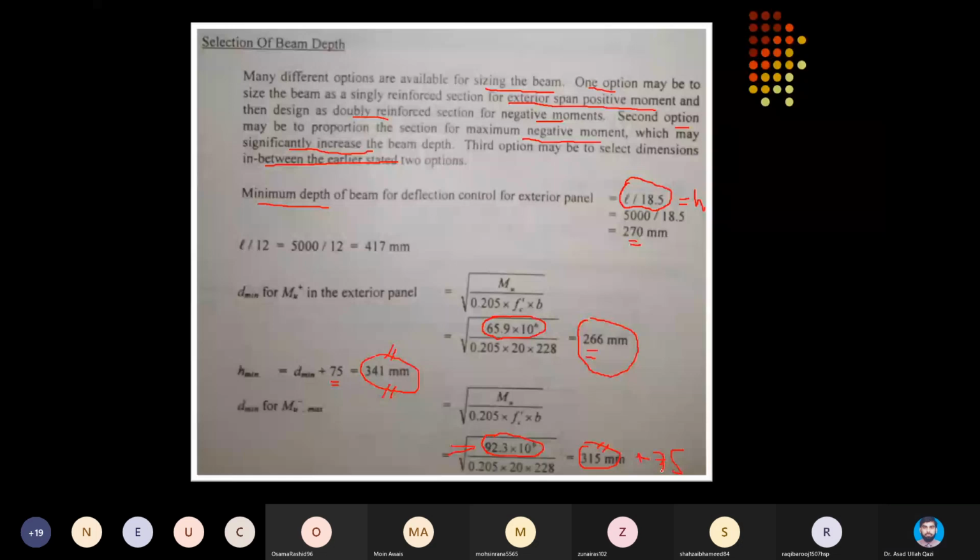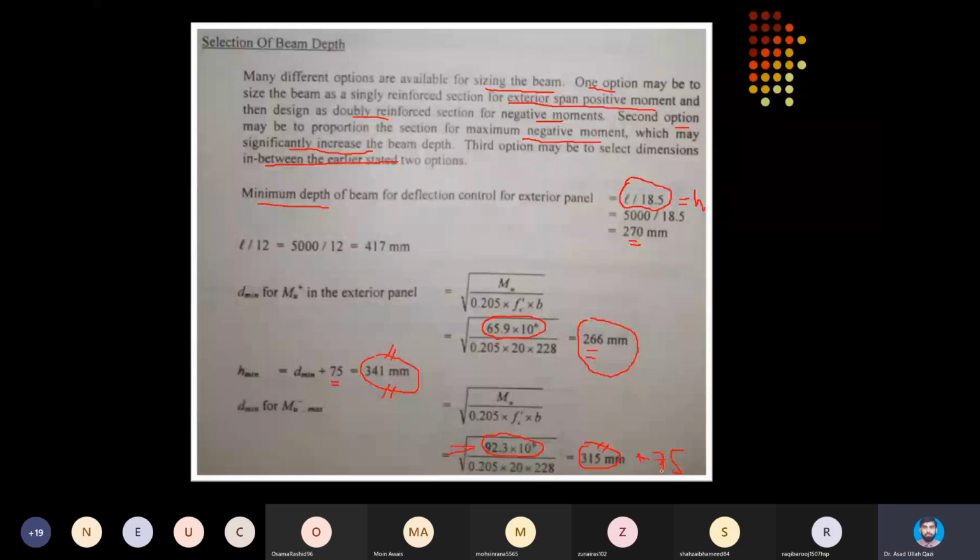Then it is more possible that you will be selecting the sizes which are more practicable.